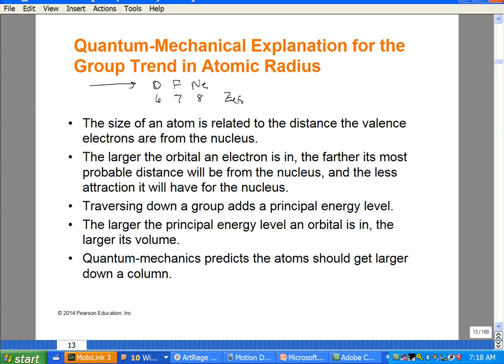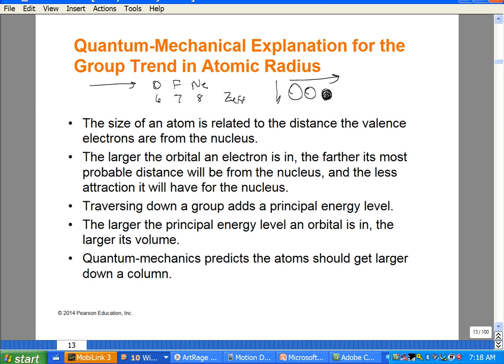So as the charge becomes more positive, it's able to attract the negatively charged electrons more strongly. That means the electrons are more tightly pulled toward the nucleus, which means that the size of the atom gets smaller as you go in this direction.